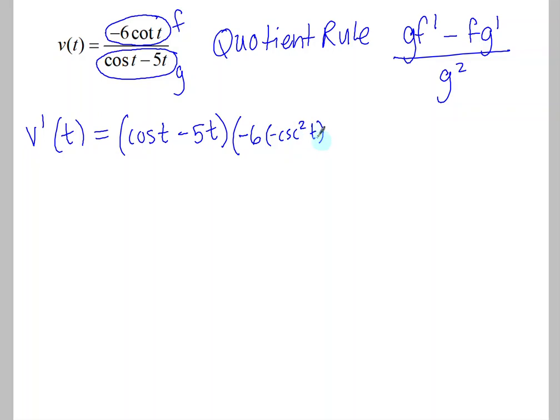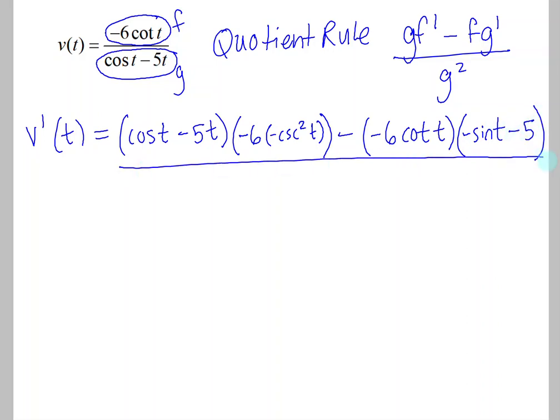And notice I used parentheses, so it doesn't look like I'm subtracting from the negative 6, but I'm multiplying, minus f, the numerator, negative 6 cotangent t, times g prime, the derivative of that denominator. Derivative of cosine t, negative sine t, minus 5. All divided by g squared. Cosine t minus 5t squared.